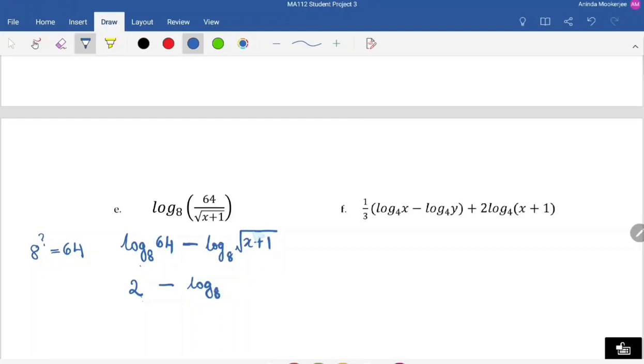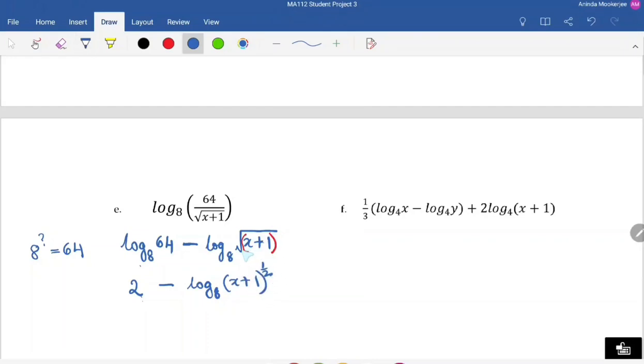Now let's look at this expression. Square root over x plus 1. Now, x plus 1 is a unit, all right? It's best to surround it with brackets to remind you that we cannot break this up. It has to go as a unit. So we can write this, however, as log base 8 of x plus 1 raised to the power half.